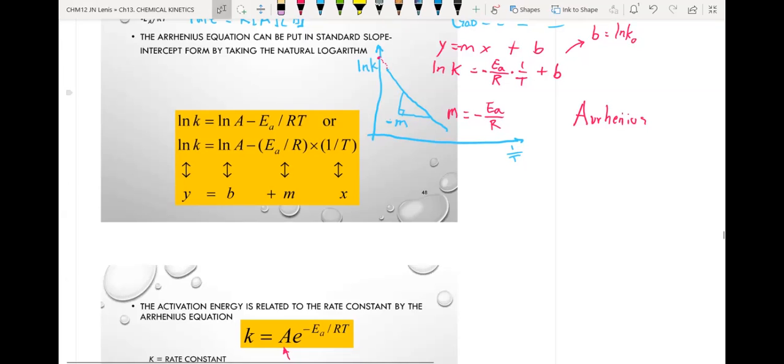Also, you need to do graphical analysis. When you do graphical analysis, as I mentioned before, the graphical analysis will do it for you. It will give you the value of B, and will give you the value of M, the slope.